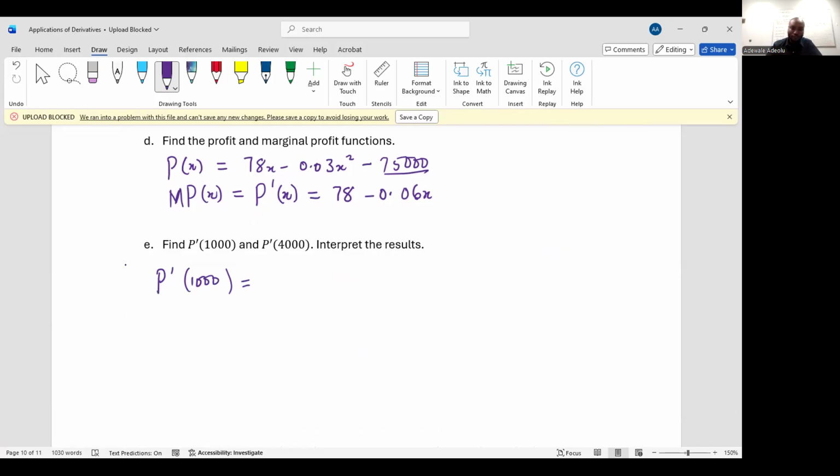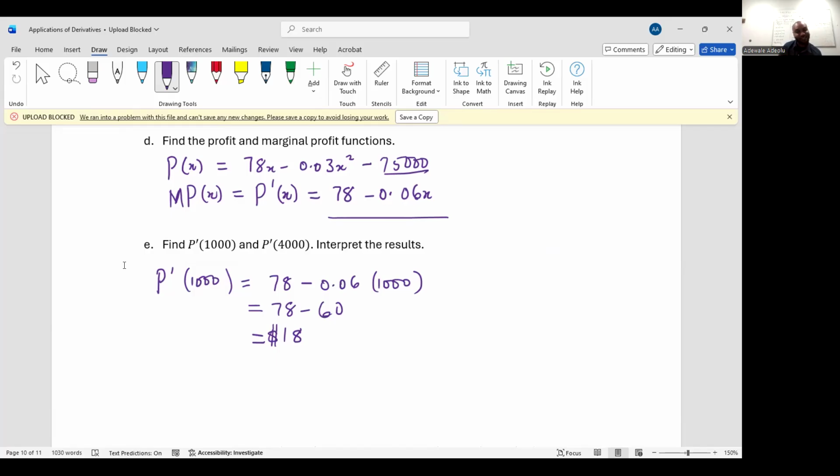Okay, so in this case, I just need to use this. So that is 78 minus 0.06 times 1000. So again, that is 78 minus 60, I believe. So that is $18.